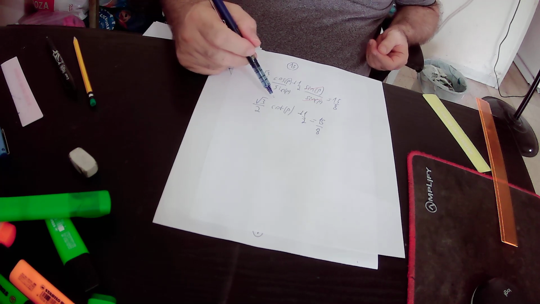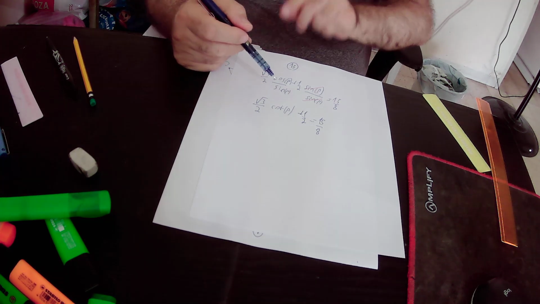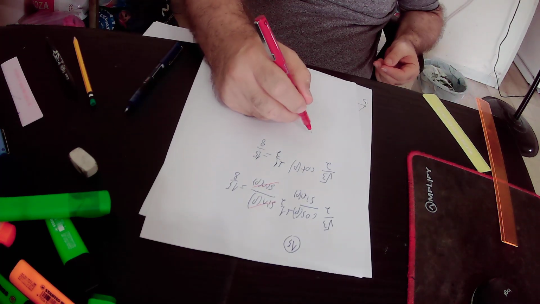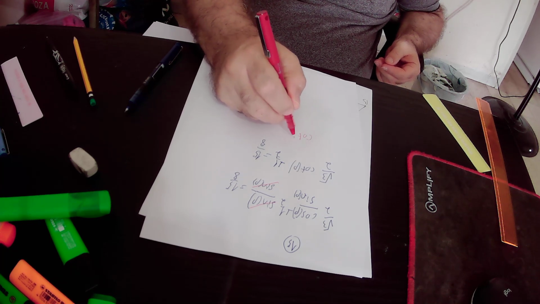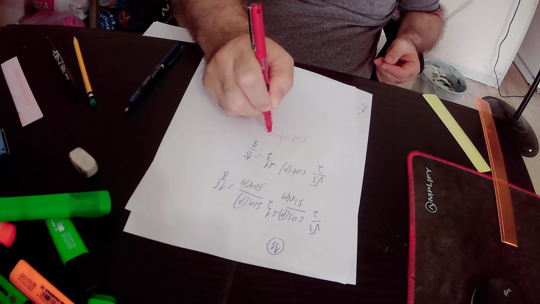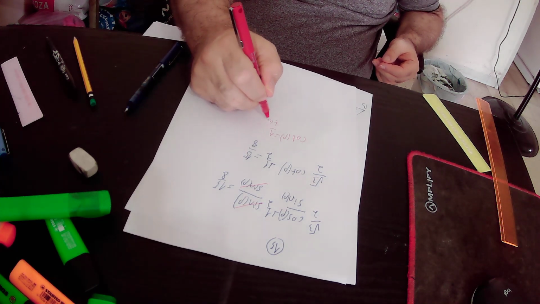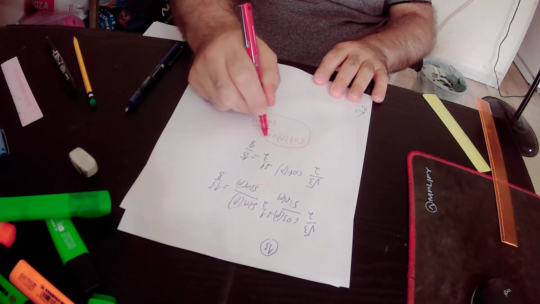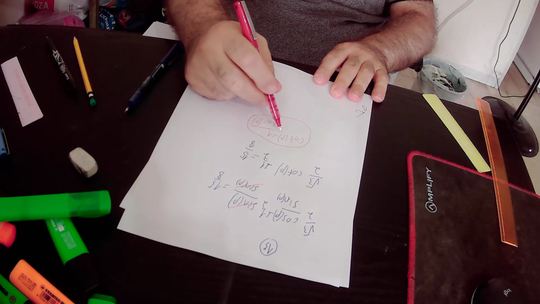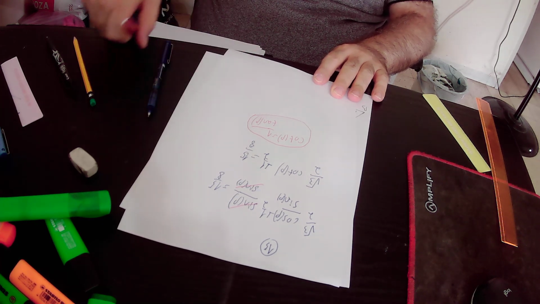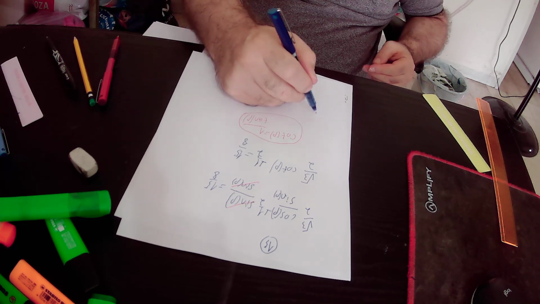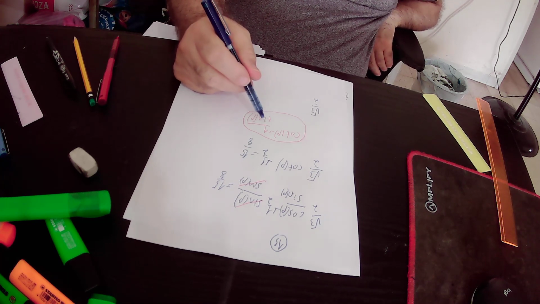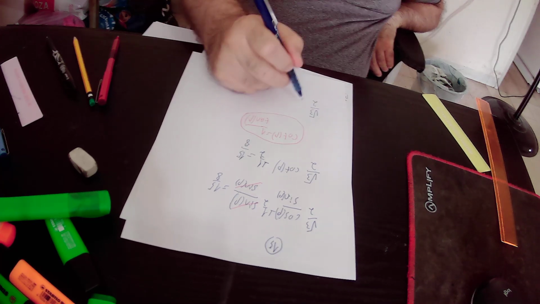Here cotangent p equals 1 over tangent p. Again, the trigonometric identity states that cotangent of p equals 1 over tangent p. We will use this trigonometric identity and substitute cotangent p by 1 over tangent p. We will get root 3 over 2 times 1 over tangent p.